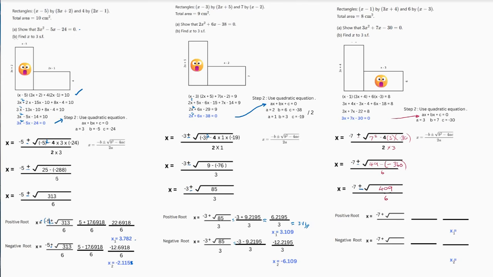So now we're going to work out our positive and our negative roots. So let's start with our plus. So we're going to do minus 7 plus square root of 409 all over 6, which gives us, well, it's a bit of a long one actually.